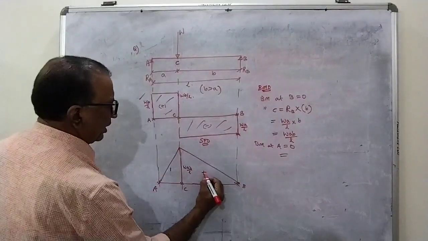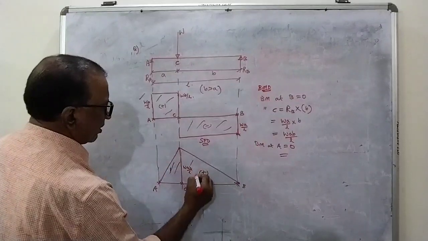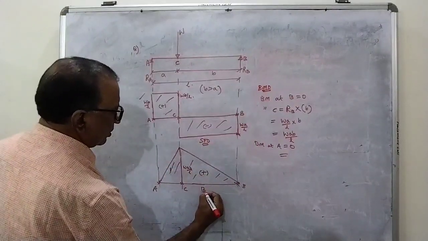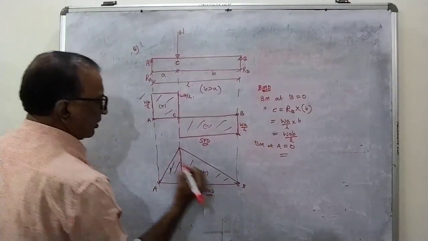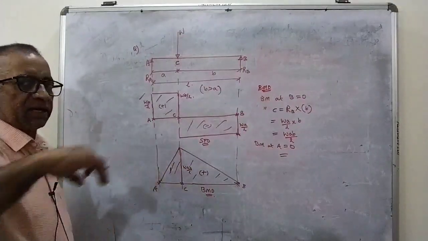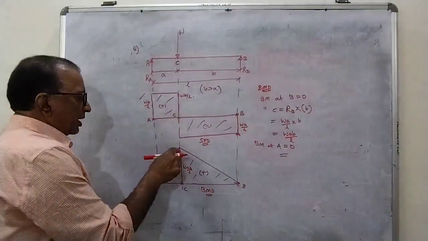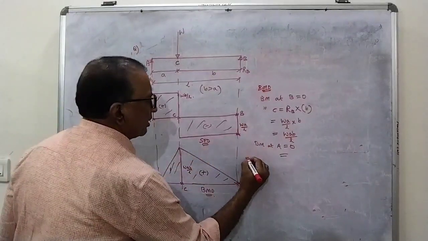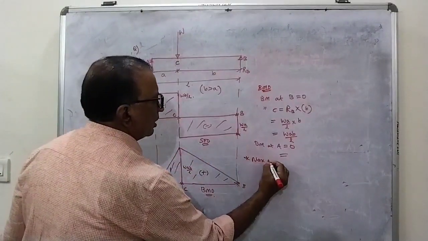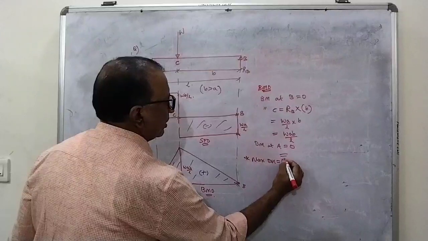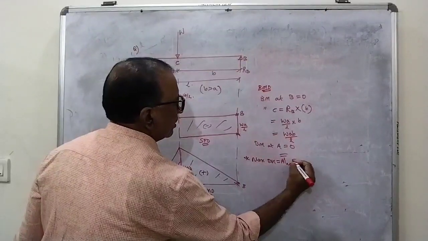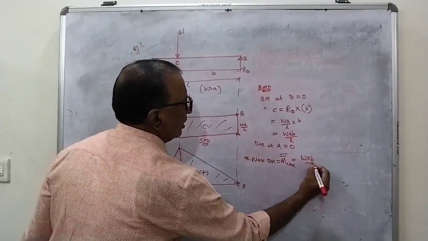You will get an eccentric triangle, not a concentric triangle here. So this is bending moment, and from the total bending moment diagram it is clear that the maximum bending moment is under the load and its value is equal to WAB by L. You can note it as Mmax, that is equal to WAB by L.